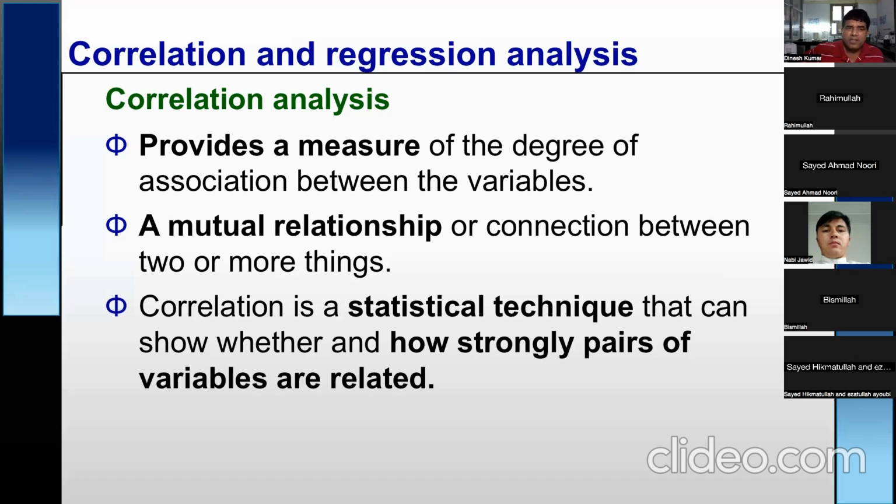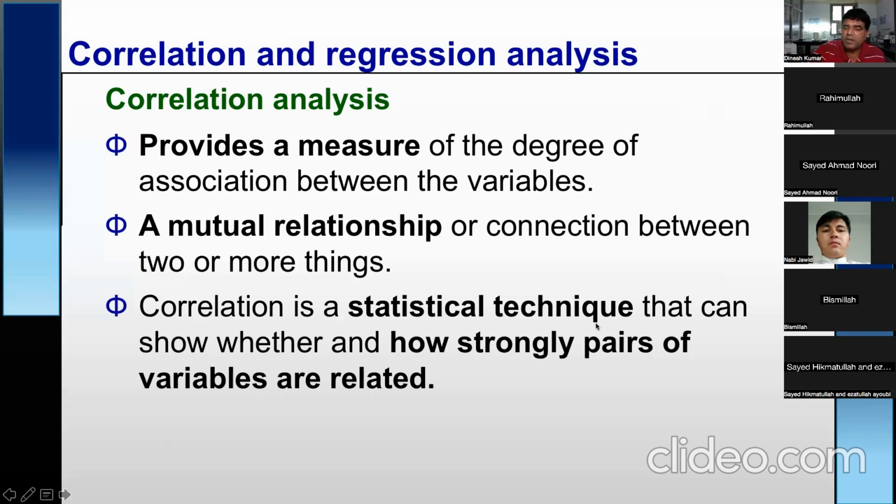So correlation analysis provides a measure of the degree of association between the two variables, whether the two variables are related or not. If two variables are related to each other in one way or the other, then it is called as correlation. Or you can say it is a mutual relationship or connection between two or more things or two or more variables.